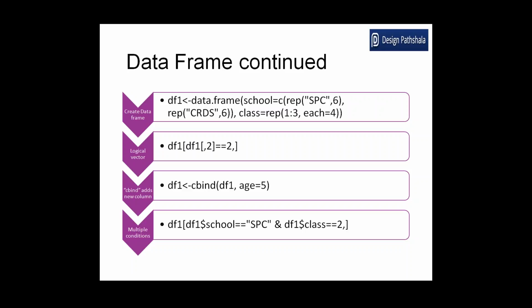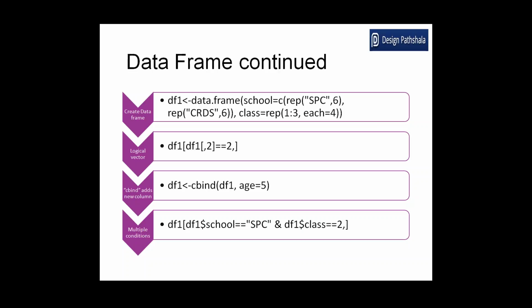So here, first I'm creating a data frame with the first column as school and the second as class. Now in school, I'm using the rep function. rep is a function in R, and what it simply does is repeat certain sets of values.